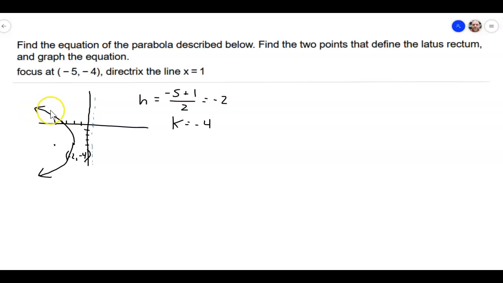All right. So in order to solve this, we need to know which equation to use. And I'm in section 10.2 right now. This is page 659.